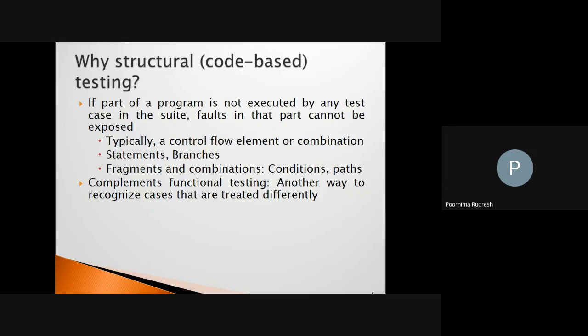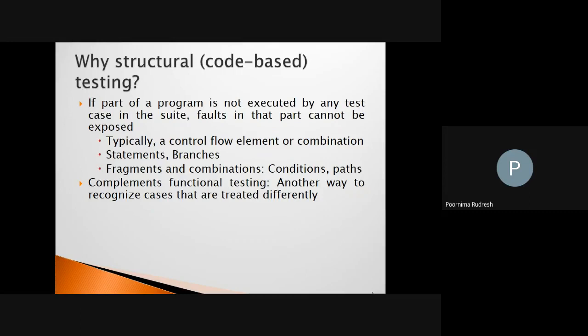So basically, consider the control flow statements or the combination of statements or the branches. If you are using the if else statement or other branching statements, and one of the branching statements, the if else statement or the for loop statement is not executed, then if faults exist in such statements, those faults cannot be identified. Understood? Clear? So why are we going for structural or code based testing?